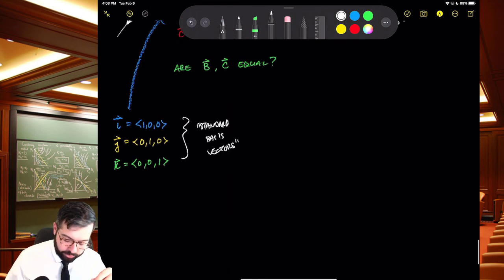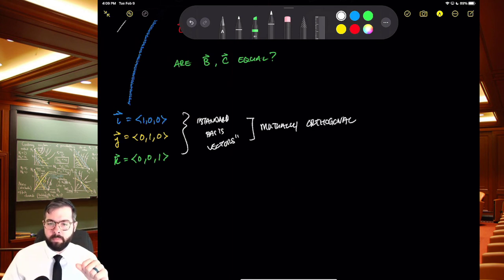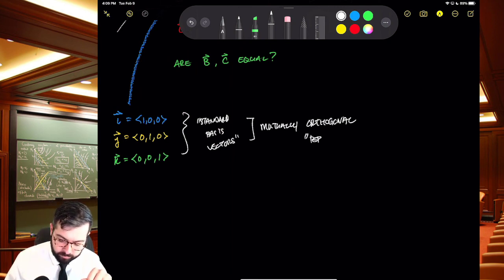They have the special quality that they are mutually orthogonal. What does it mean to be orthogonal? They're like at 90-degree angles. Yeah, another way to say perpendicular.